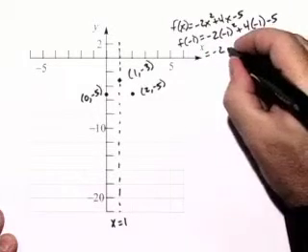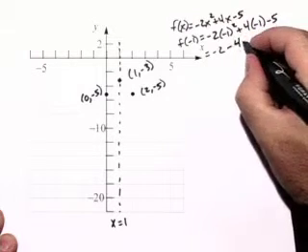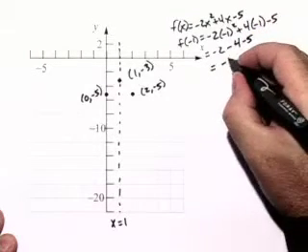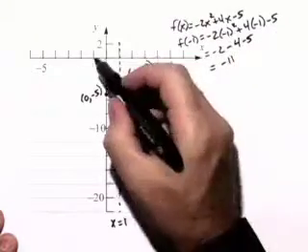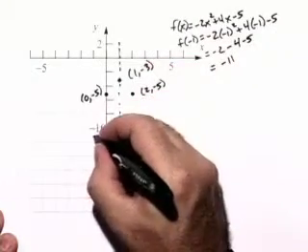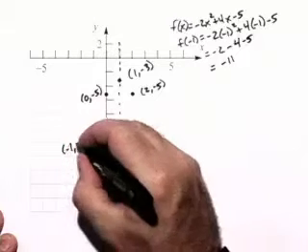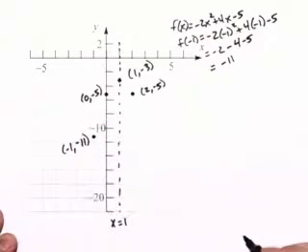Then we'll have 4 times -1, so we'll have -4 and then minus 5. So this will be -11. So the point -1, -11 will be on our graph.